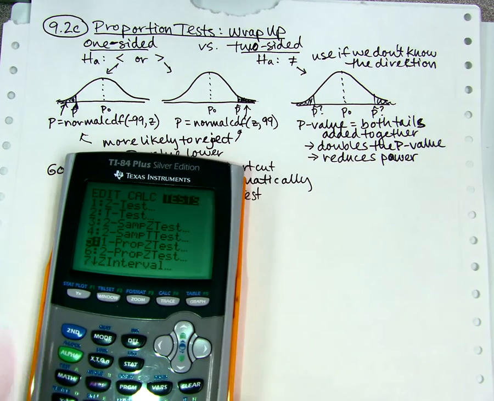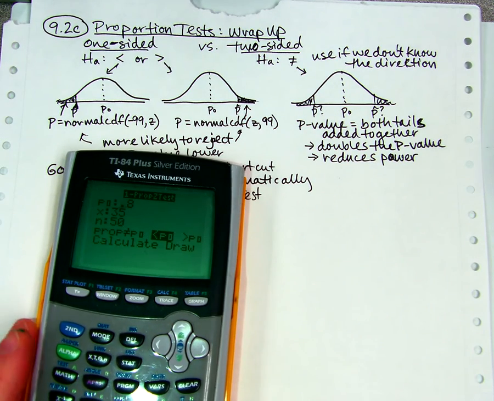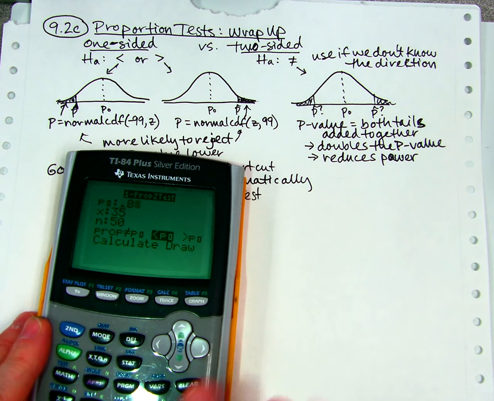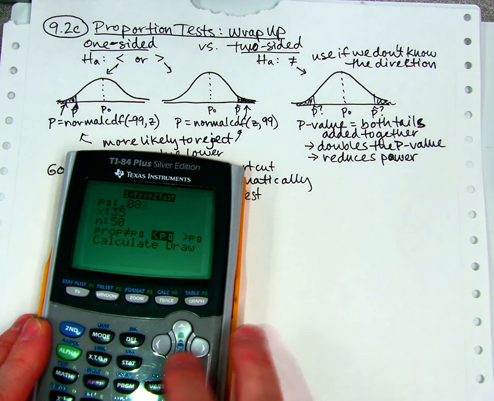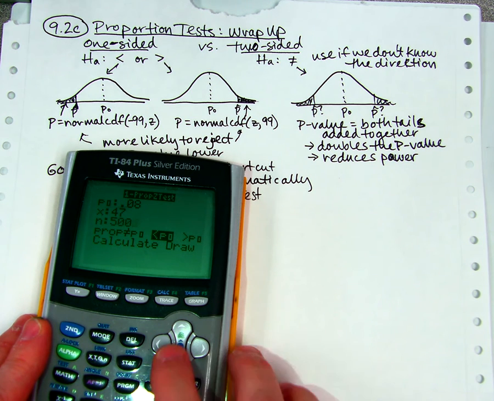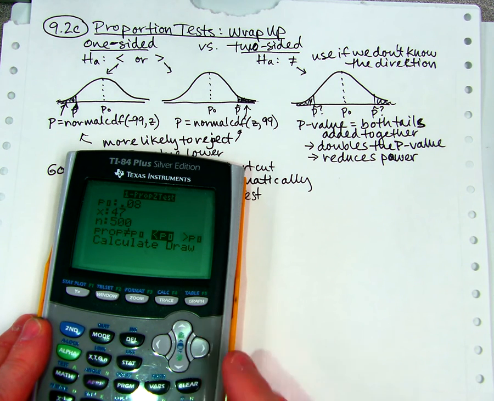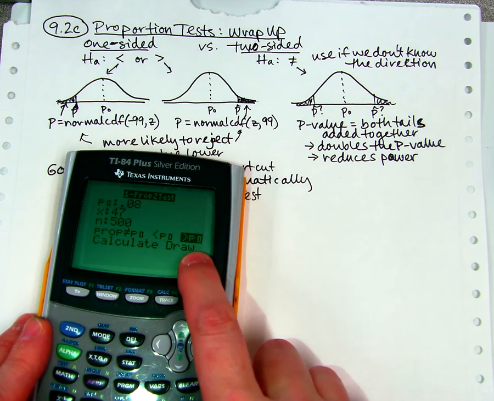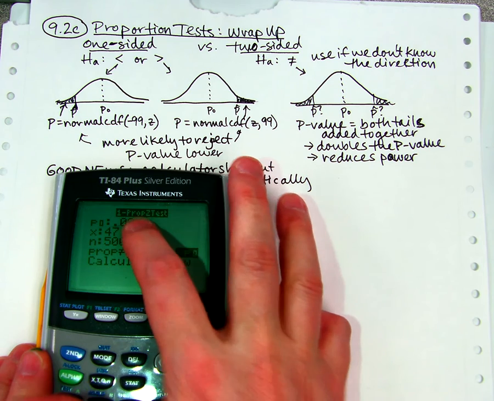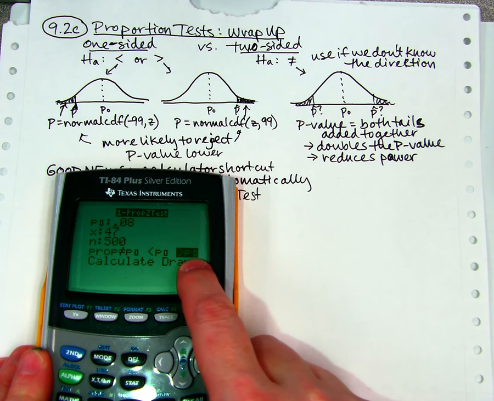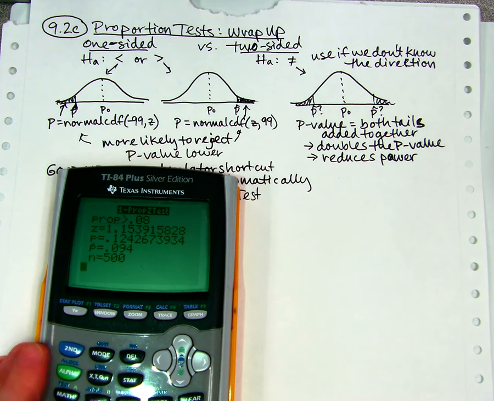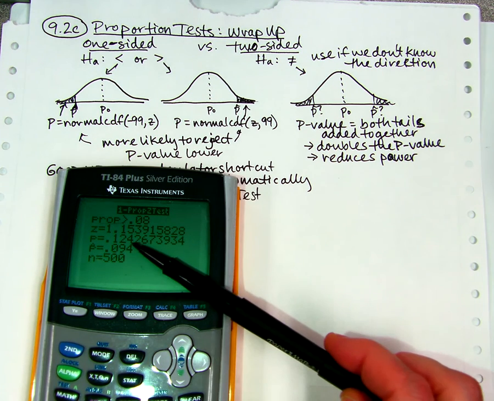So with that one proportion z-test, if I choose it and I do the same thing that I did with the potato problem on 9.2b: 0.08, and we had 47 out of 500 potatoes that were bad, and we thought that it might be more than P0, that was our alternate. You basically have to tell it what your sample is, what your null hypothesis is, and this tells it what your alternate hypothesis is. And then it calculates, and this should be the same P-value that we got in the last set of notes, which is 0.124.